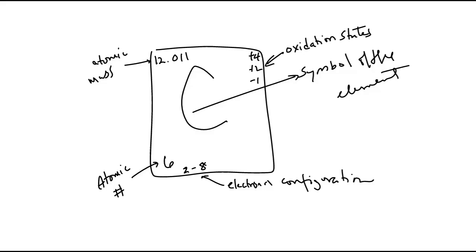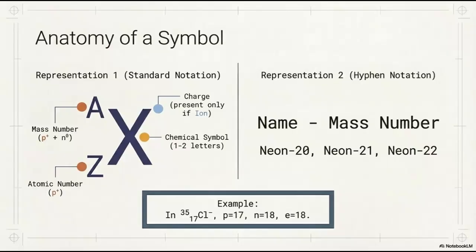So now that we know how to decode reading the periodic table, we can move and look at this slide here. Because now I can use the symbol and write the atomic number at the bottom and the mass number on top on the left side. And that is called standard notation or isotopic notation.